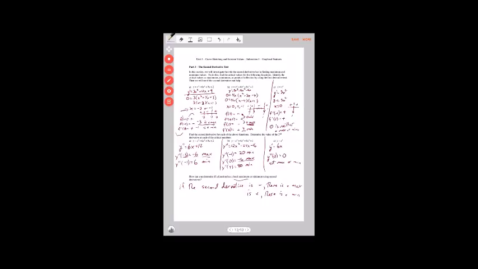And then look at this last one. When the second derivative was 0, it was not a max or a min. So when the second derivative is 0, you get neither a max nor a min. Now that's called a point of inflection. We've seen these before, points of inflection.